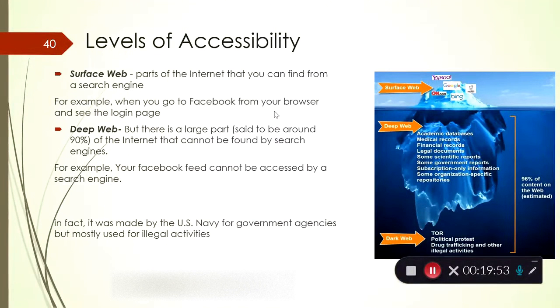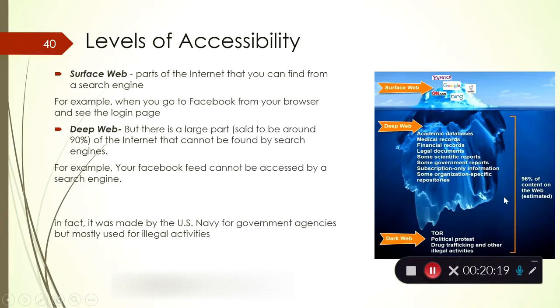The search engine can access only this level of information. Below that is the deep web. 96% of the web content is in the deep level. All the academic databases, research databases, medical records, financial records, everything that has a credential or account information, cannot be accessed by the surface web.